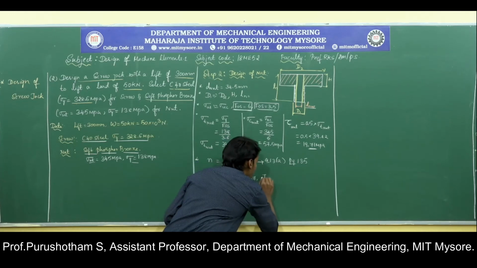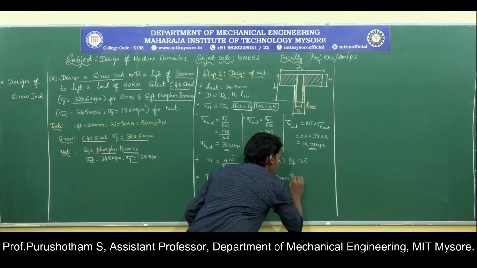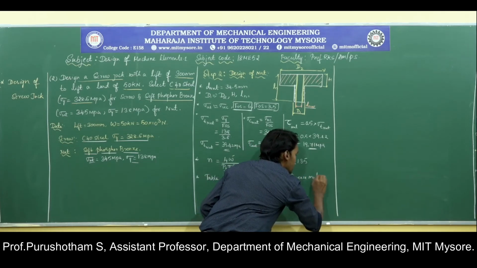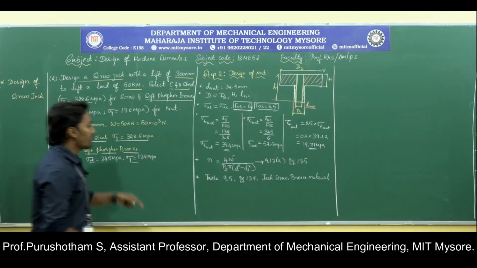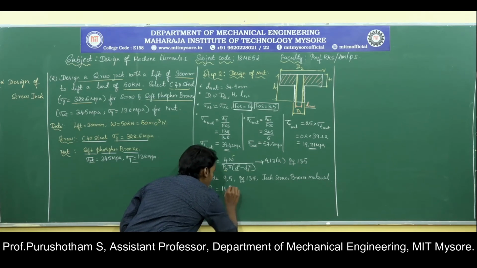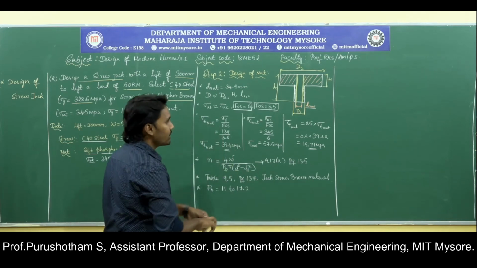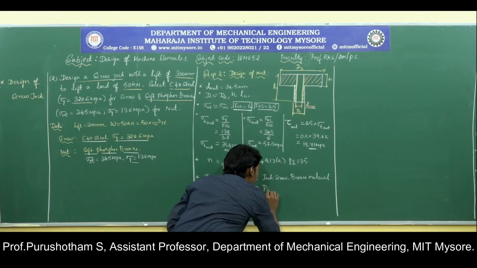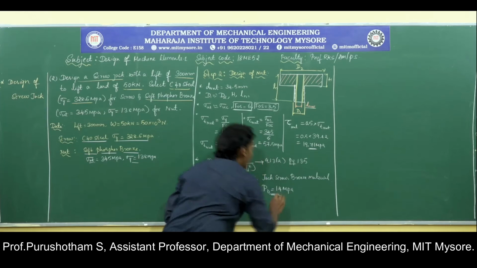In the table we have to look for jack screw, bronze material, because the nut is made of soft phosphorus bronze material. The bearing pressure is in the range of 11 to 17.2 megapascal. In that I am going to take the average of these two, that is 14 megapascal.